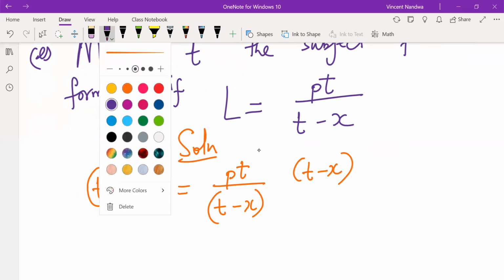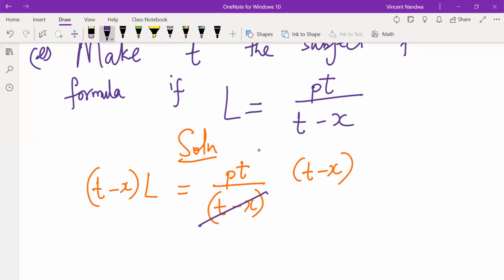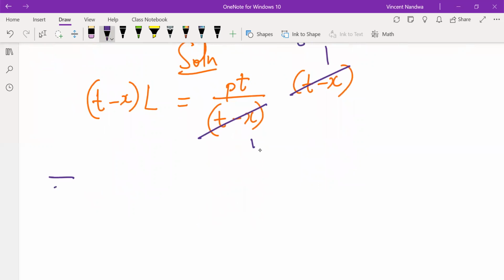So by this, this cancels out. So which implies we'll have t minus x L equals to pt. What follows is to expand the left-hand side.